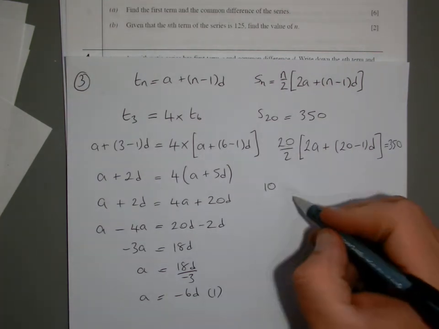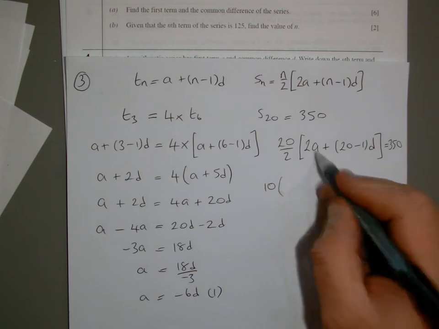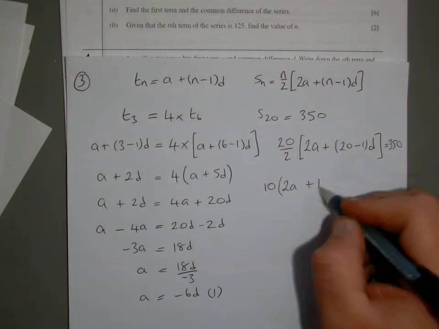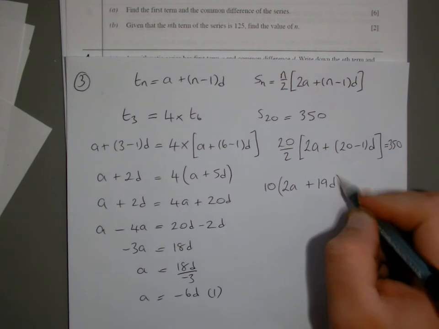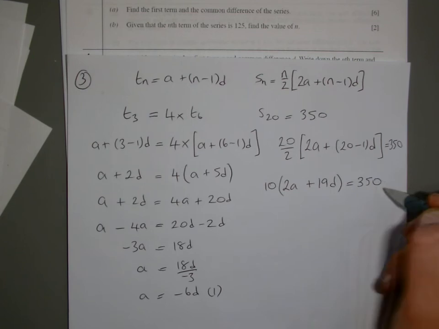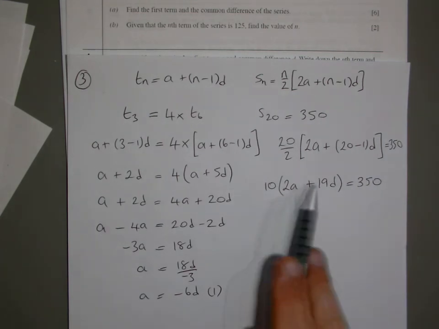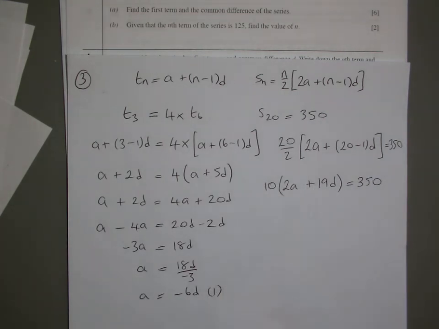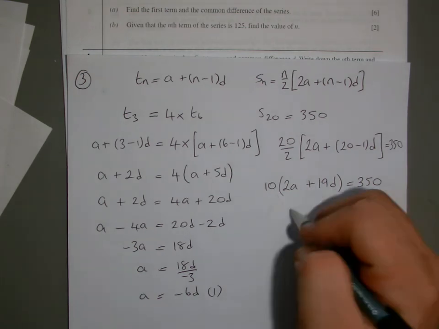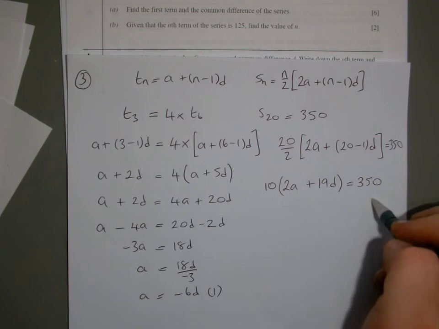In the bracket then, I've got 2A plus 19D equals 350. Okay. So I could expand this bracket by multiplying through by 10, or because I'm timesing by 10 here, I could take that 10 over and divide this side by 10.